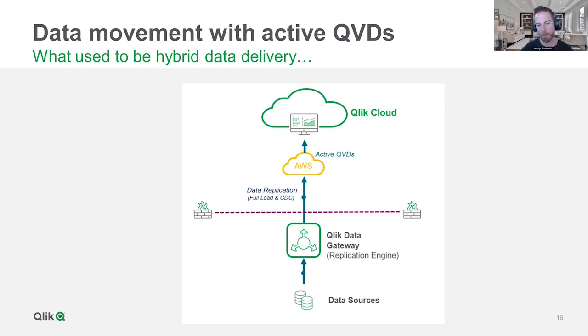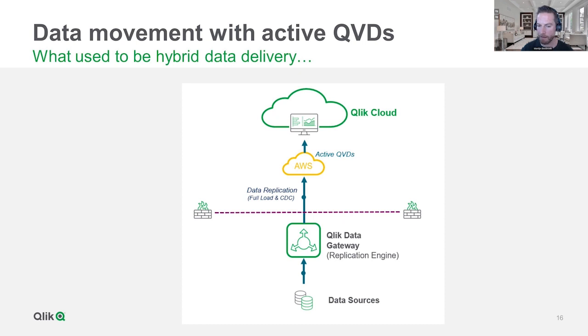And what you basically do is the first time you do a full load of your data, so you make a complete copy of your source table and you load it in the QVD. And next, using change data capture technology, CDC, we sync or replicate all changes to the cloud.